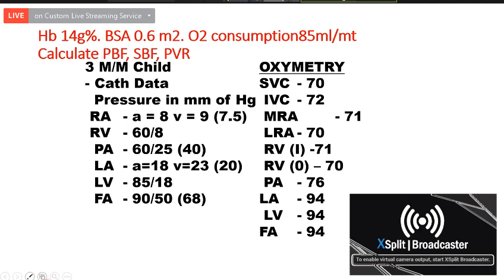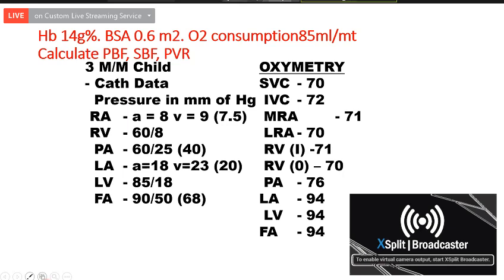Mid RA is 71. Lower RA is 70. There is no step up or step down. RV is 71, 70. So no step up at that level. Pulmonary artery is 76. Step up of 6. So it's elevated, sir. Step up is there. Very good, yes. Then LA is 94, LV 94, aorta 94. So there is no step up or step down there.